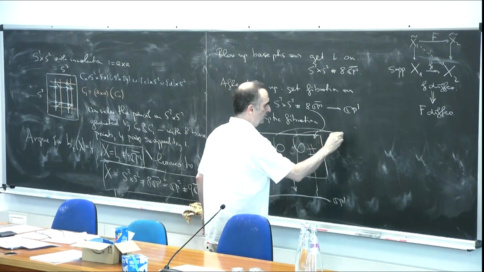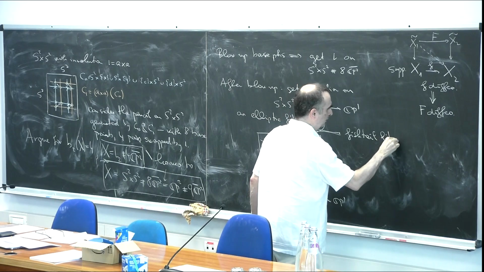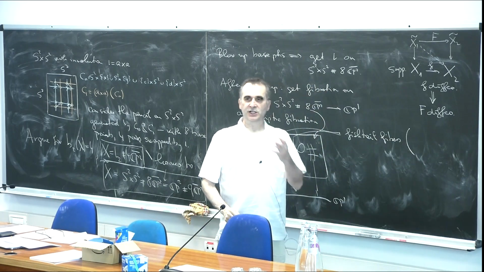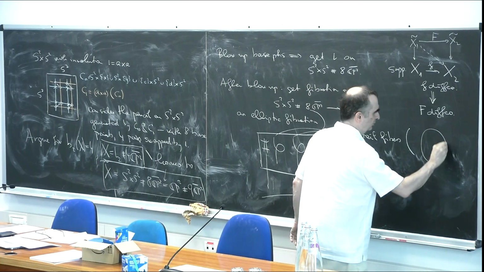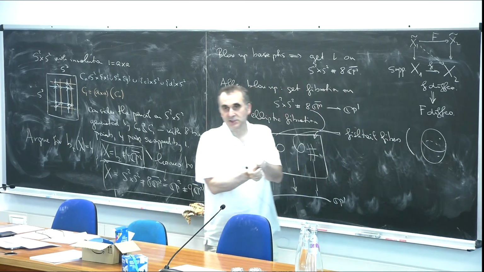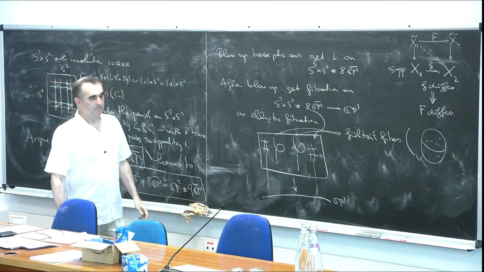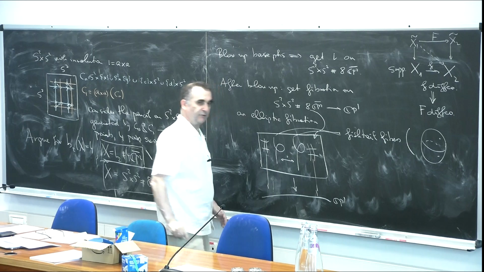So a fishtail fiber is just an S2 with a double point. So we take a regular S2, and we take 2 points, and we identify those 2 points. So it's a nodal curve. There are 2 such that the involution just swaps them.